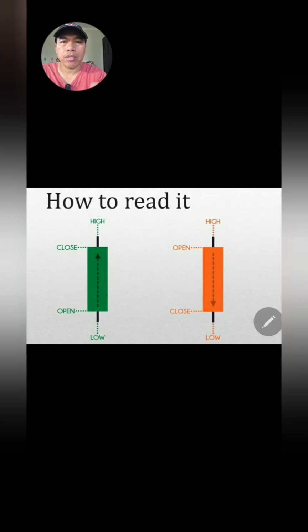All right. So now let's talk about the importance of the wick, this one, and the importance of the body of the candle. What does it signify? It's super simple. Say for example the opening time is 8 o'clock with a certain amount.